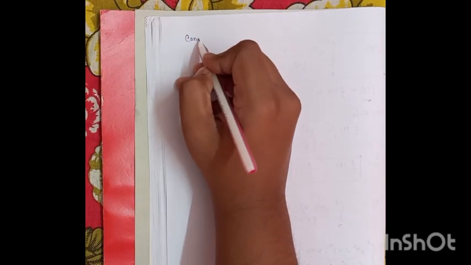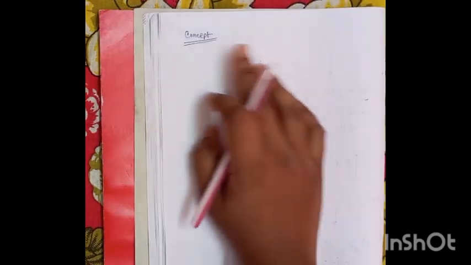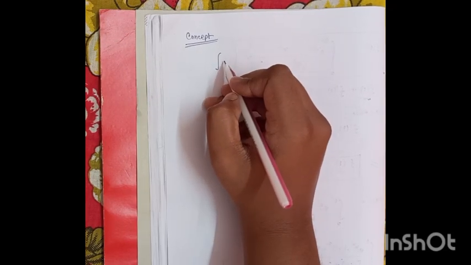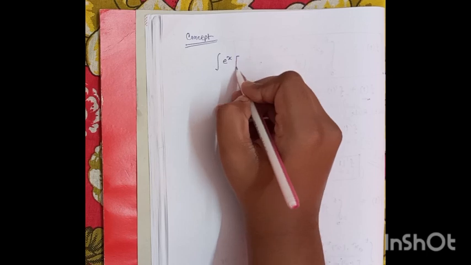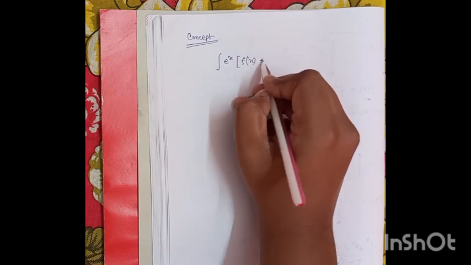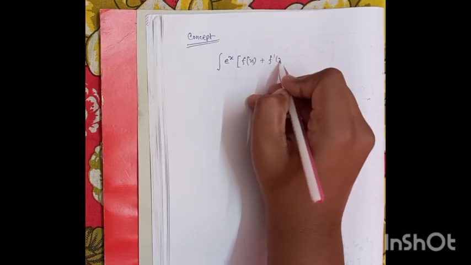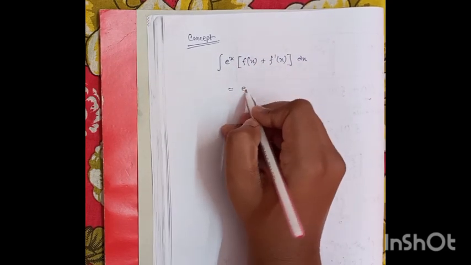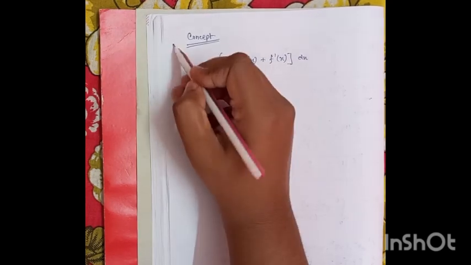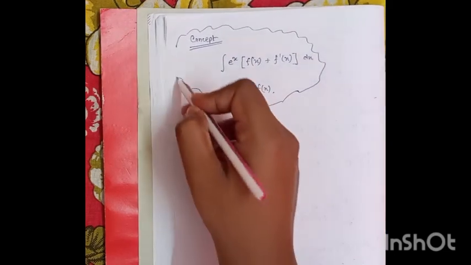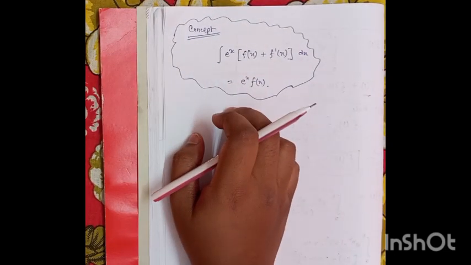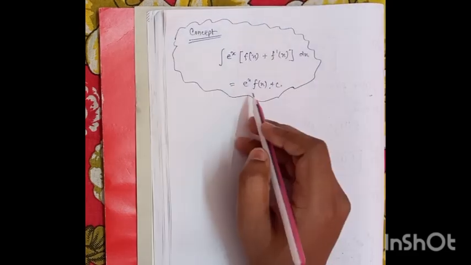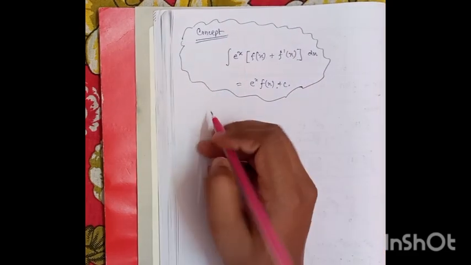So our concept in this question is that the integration of e to the power x times some function of x plus the derivative of that function will be equal to e to the power x times f of x. You can prove it by using integration by parts. Here also a plus c, as this is an indefinite integration, so we can use this fact here.